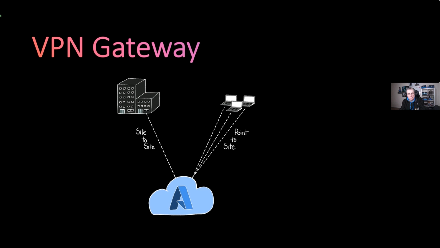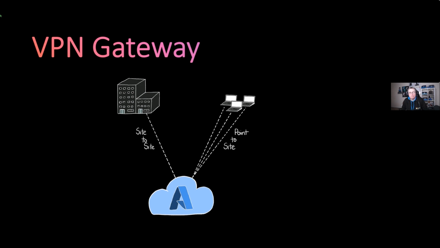There are two primary types of VPN configuration that you can use: site to site and point to site. So as the names hopefully suggest, site to site is where you're connecting a site to Azure. So this is where you've got an office building or headquarters or branch office that you want to connect to Azure as a whole. So anybody that is sat within the corporate network of that office can access Azure without having to jump through any more hoops.